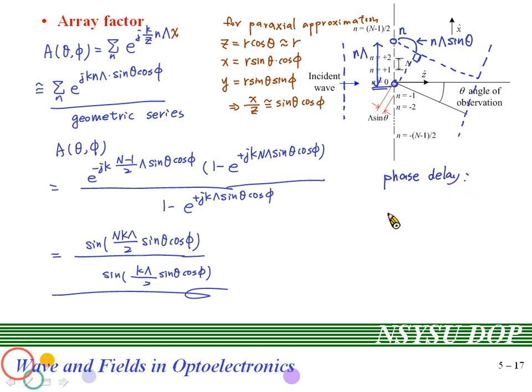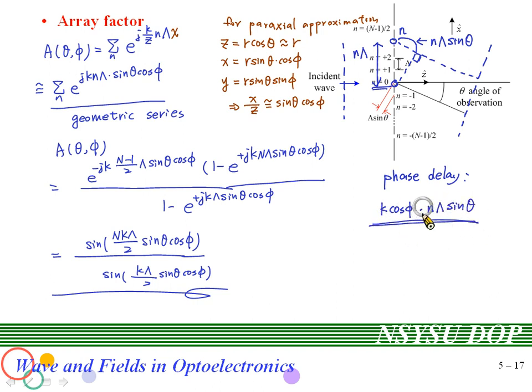The phase delay between these two fields will be the k vector in the xz plane. The k vector in the xz plane can be written as k cosine phi times the optical path difference here, n capital lambda sine theta. So this one is the projection of k times the path difference.